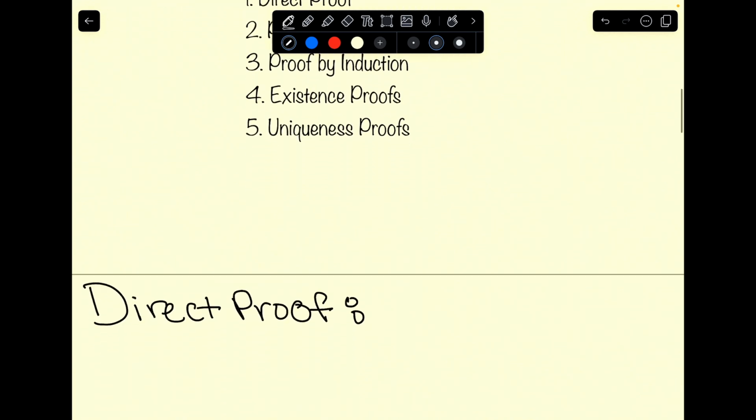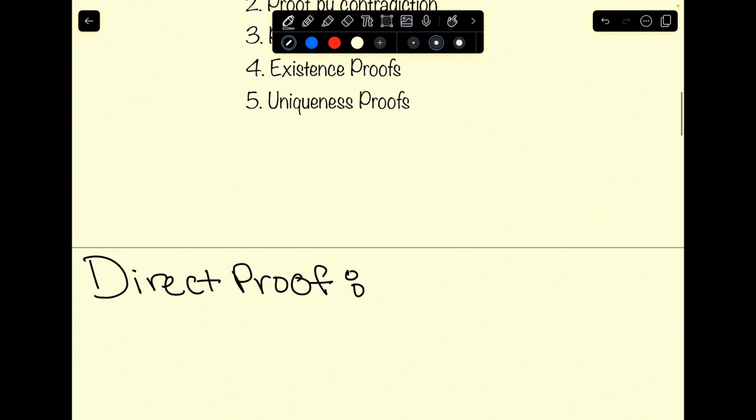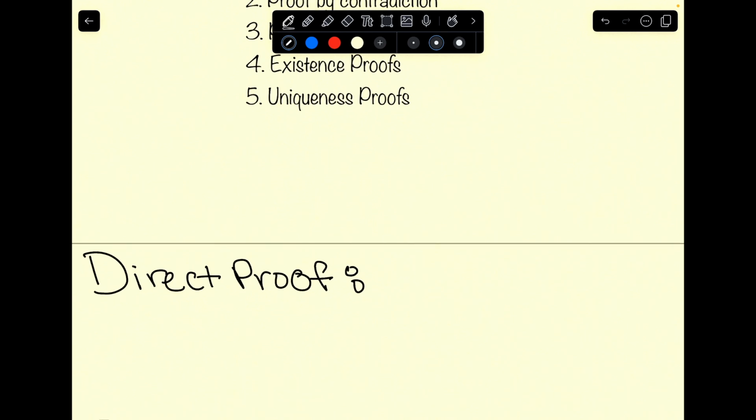Now, it's important to understand what a direct proof is. A direct proof is a very straightforward method of proving that a statement is true, and we do so by assuming that the hypothesis is true, and then logically we deduce a conclusion based on a lot of prior knowledge. If you want to make a brief bullet here, it's very straightforward.